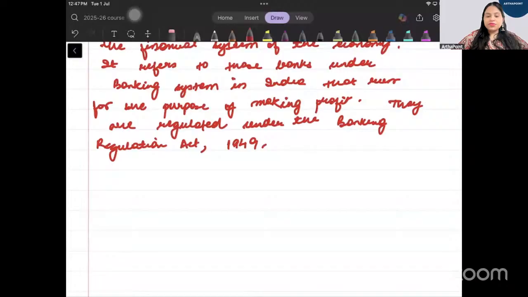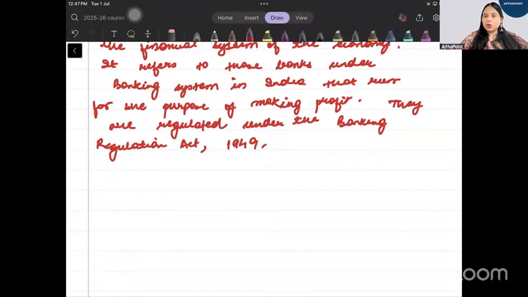Now, these commercial banks, as I said, are just acting as the intermediary between deposits and loans. But we also have to understand one more thing: sometimes we want to understand the difference between a commercial bank and any other non-financial firm.